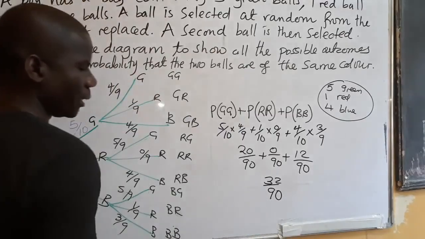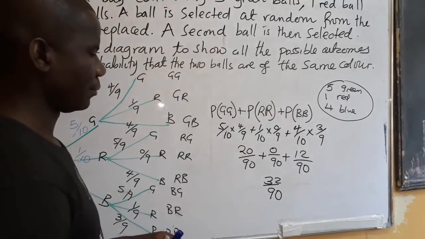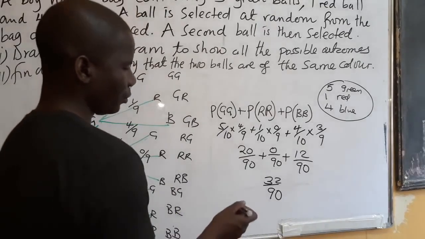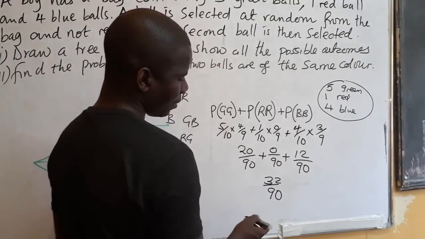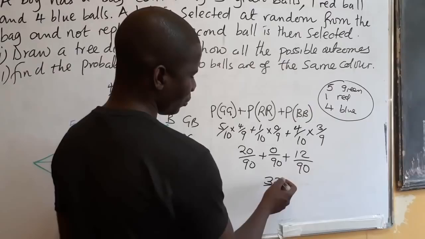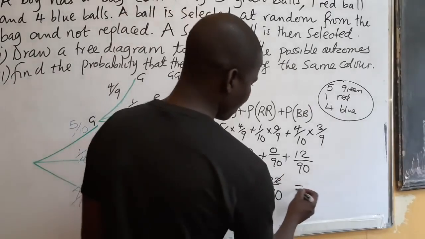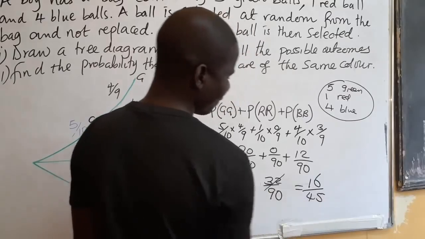Then at this point, we can look for the number that can go into, for instance, let's try 2. 2 here, it's 16. 2 here, it's 45.